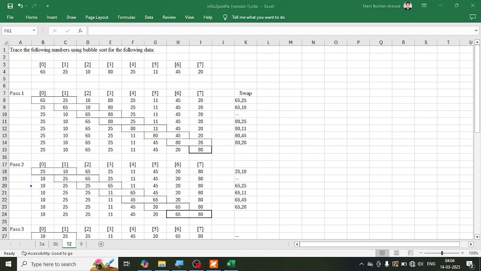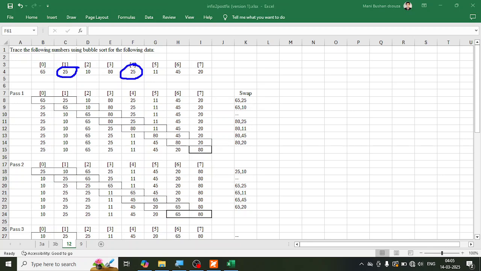In the next step, you compare this 25 with the next one. Okay, I've written it properly. So next you compare the 65 with the 25, because there are two 25s. I just got confused. If you look at the list over here, you have two 25s.